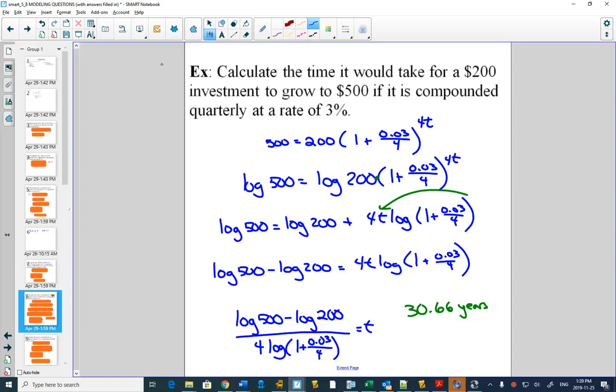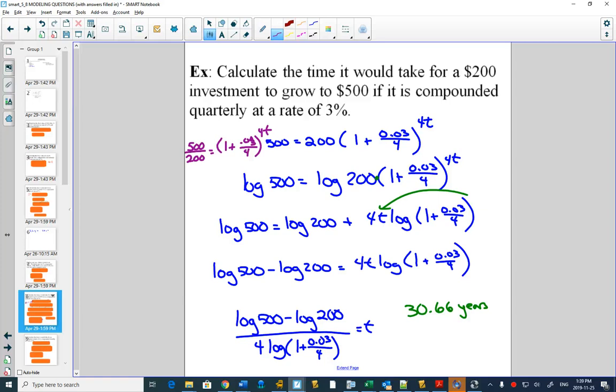An alternative for this, which I'll do just off to the side in purple, is I would recommend dividing both sides by 200 first, and then taking the log of both sides. It will make it shorter.